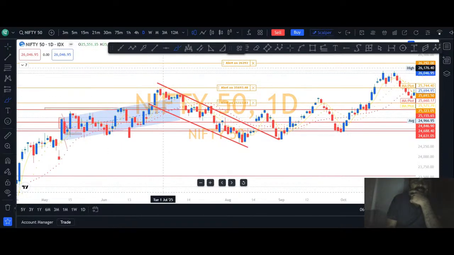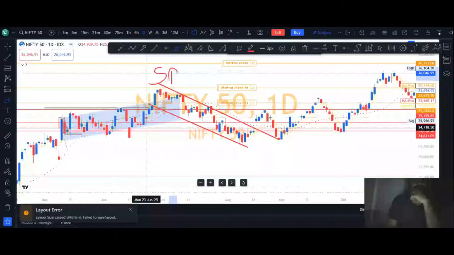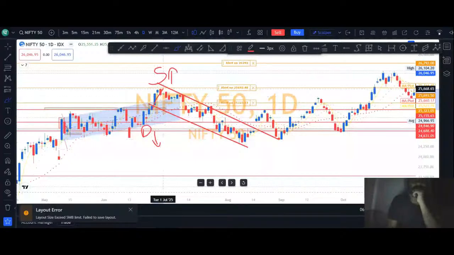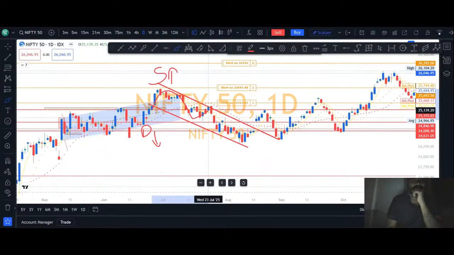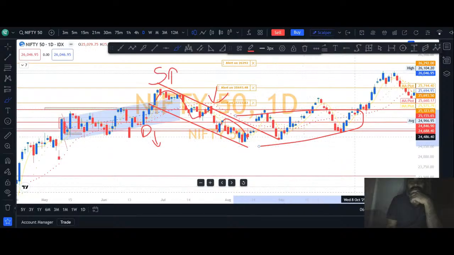At this place, the supply is increasing, right? At this place, demand is also decreasing, right? Whenever price comes to this level, the sellers are aggressively selling. Whenever price reaches this level, after that it has gone sideways, right? Breakout has happened, thereafter it went up.